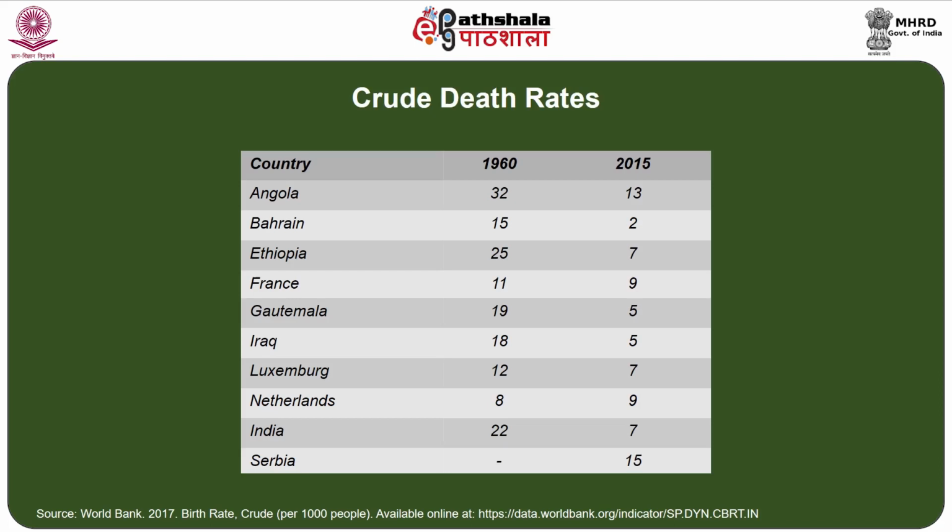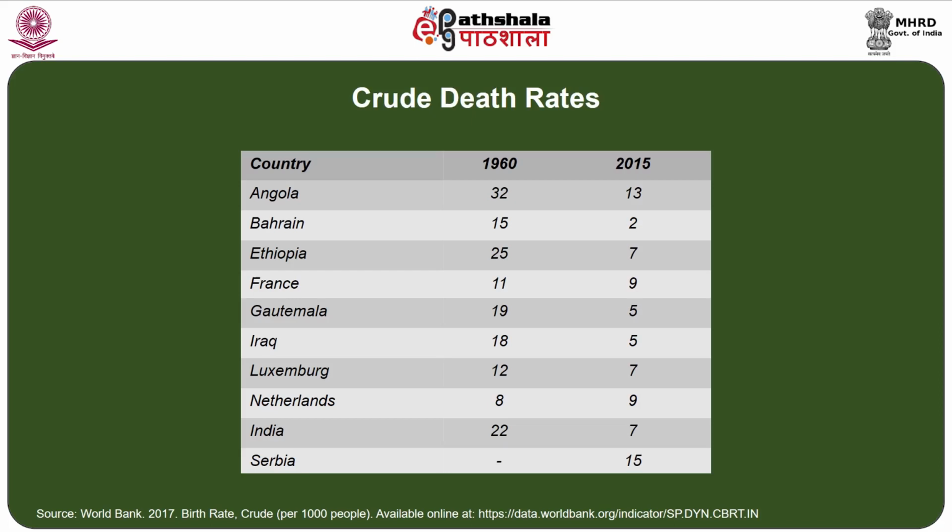For a country like India, which had a crude death rate of 22, has come down to 7, and for Luxembourg from a crude death rate of 12 to only 7 over the same period.